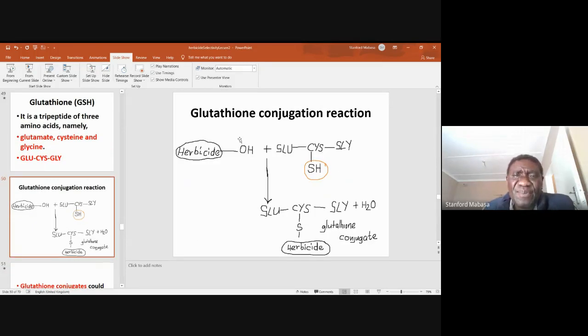I've got an example of glutathione conjugation reaction. This is the altered herbicide from phase 1. Maybe what has happened is hydroxylation under the influence of cytochrome P450 in order to produce this herbicide with an OH.